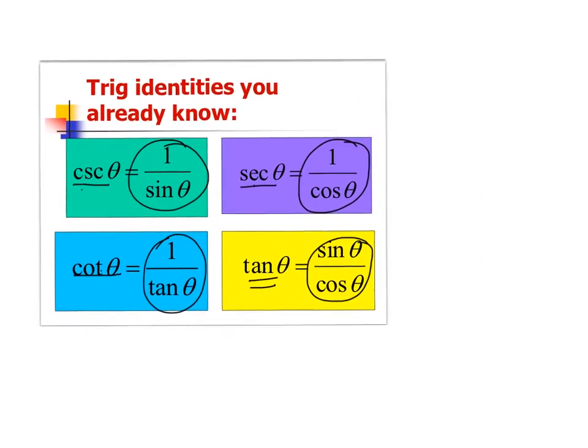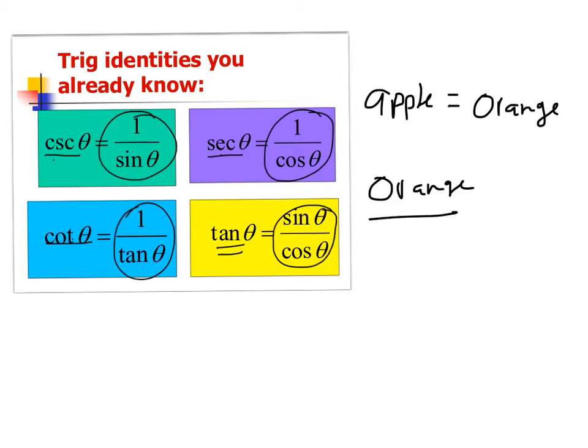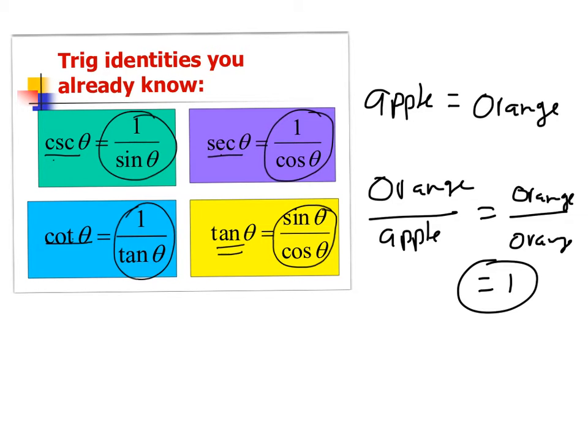Here's what I'm going to tell you. If I had the word apple, and I said apple is equal to orange, I know this sounds silly, and if I had orange over apple, you could replace apple with orange, and that would equal 1.